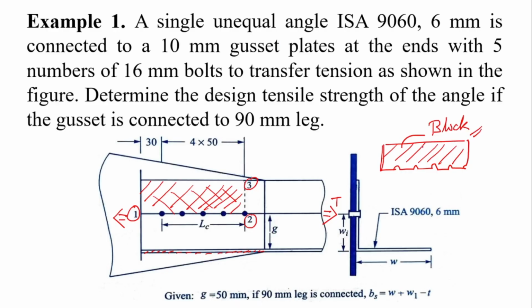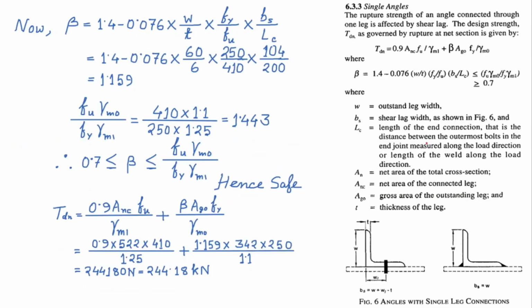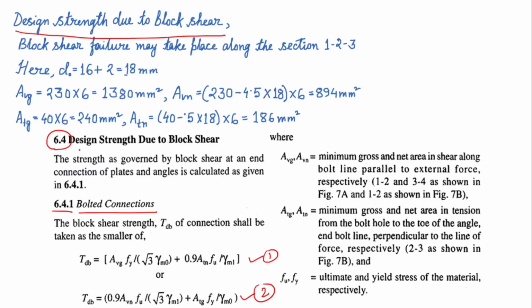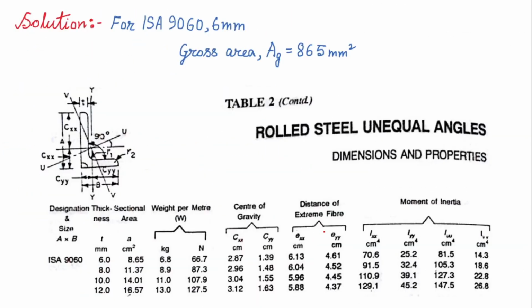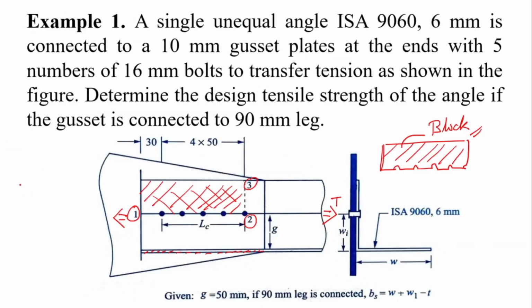To calculate the block shear failure, we have to calculate Avg, Avn, Atg and Atn. Their definitions are given in the IS code. If you see the figure, Avg first: it is the cross sectional area between 1 and 2.